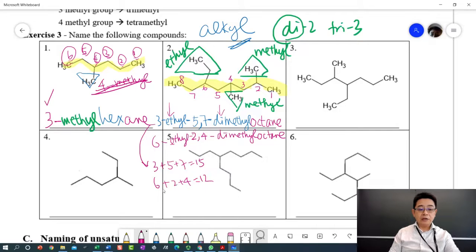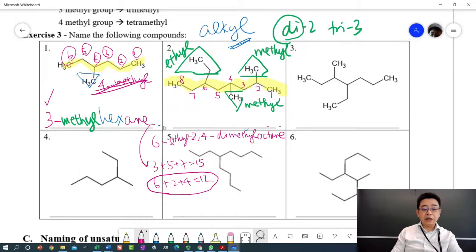So the summation of all the positions, if it is smaller, then it is better. So 12 is better than 15. So that means this one is wrong, and the correct answer is this one. Let me rewrite it again on the line.